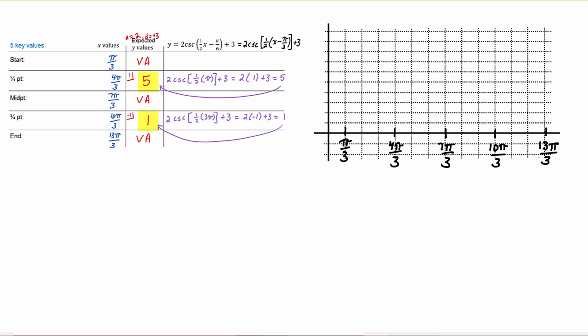For our y values, we have to plot a 1 and a 5, so it looks like we'll want to go by 1's. We'll put a 1 and then 2, 3, 4, 5 here.